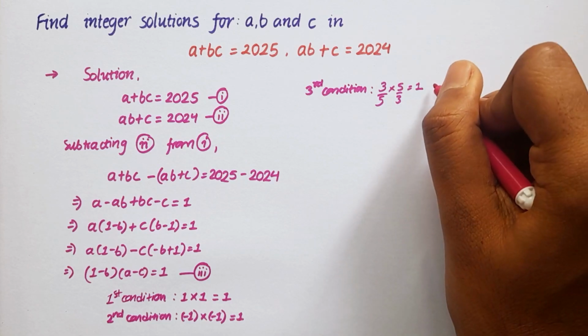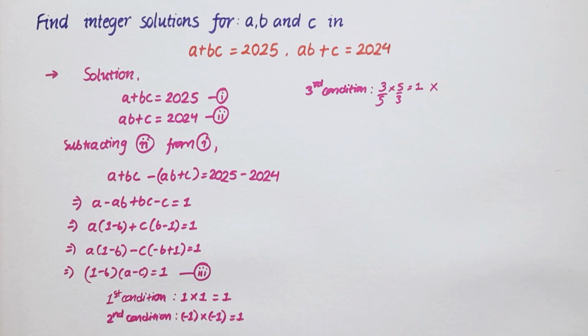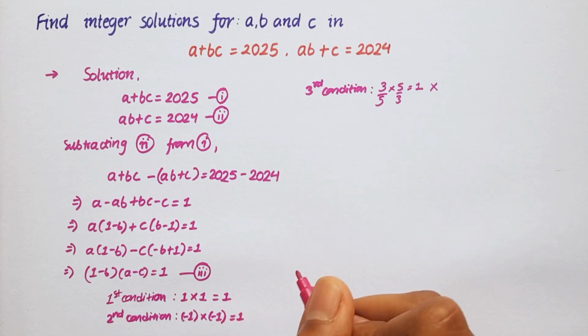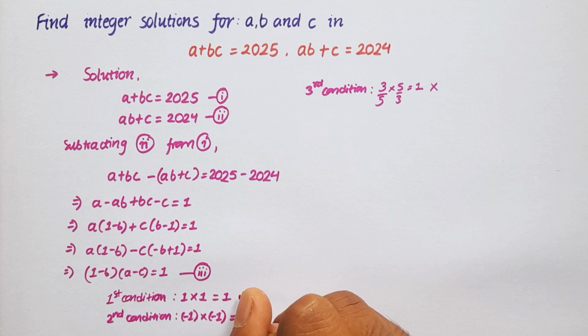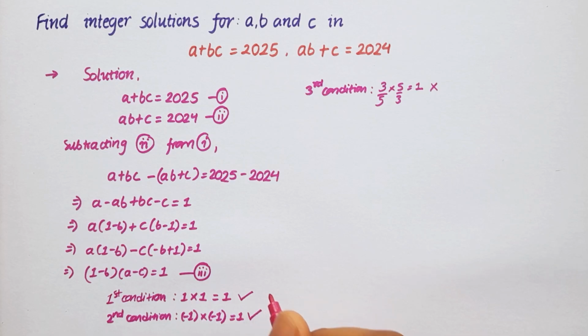So I would not consider the third case. Similarly, if I consider the first case, I might get an integer solution, right? So let us try this, and the second condition also. Okay. Let us see if these conditions give us the integer solutions.